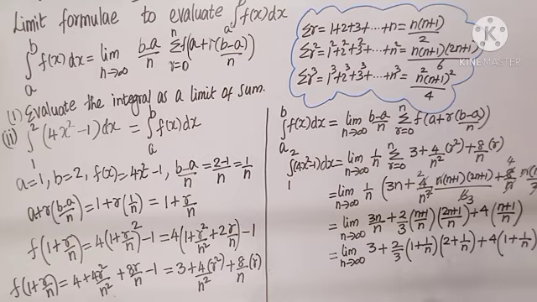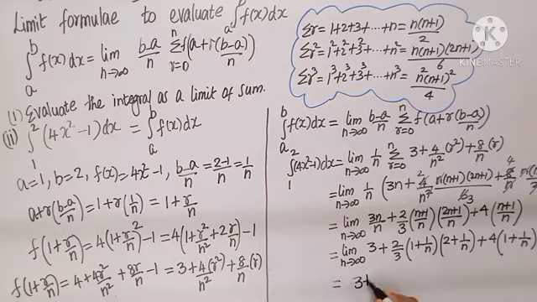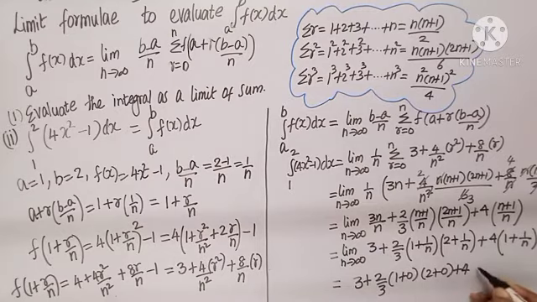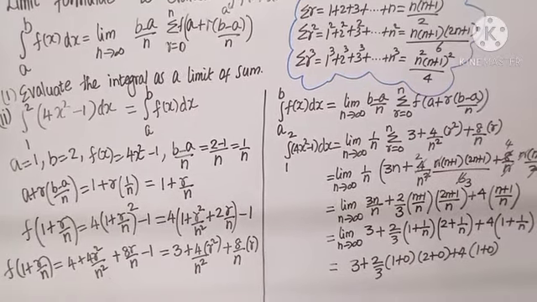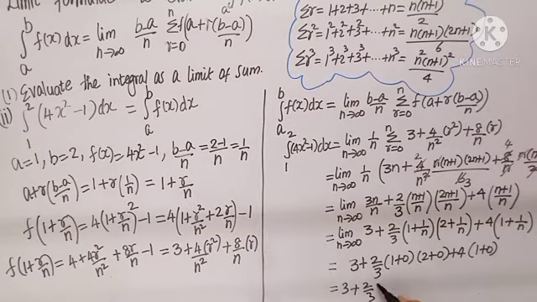As I take limit n tends to infinity, 1 by n will become 0, this 1 by n will become 0, and this 1 by n also 0. So I am just left with 3, plus 2 by 3 into 1 plus 0, 2 plus 0, plus 4 into 1 plus 0. As we simplify, 3 plus 2 by 3 into 1 into 2.